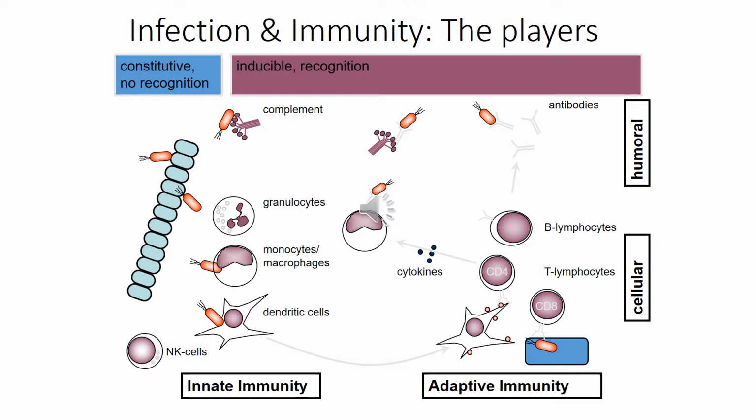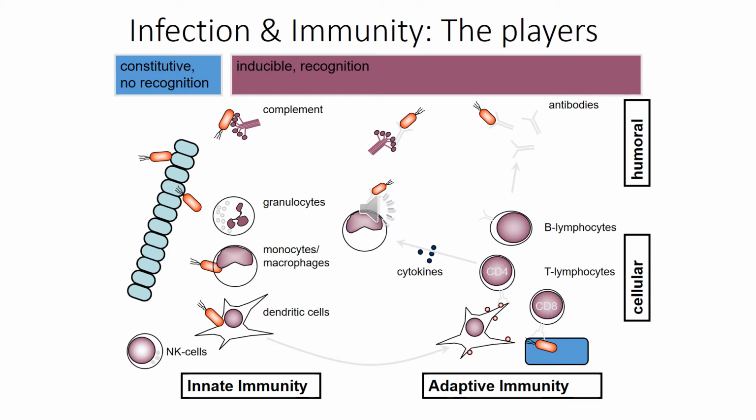The dendritic cells will also take up the bacteria. And then the dendritic cell moves to the adaptive immunity, where the dendritic cell now has the bacteria, the little red dots, presented on its surface. It presents to the cellular immunity, which is the CD4 and CD8 T lymphocytes. Also, the B lymphocytes are activated by dendritic cells and the CD4.